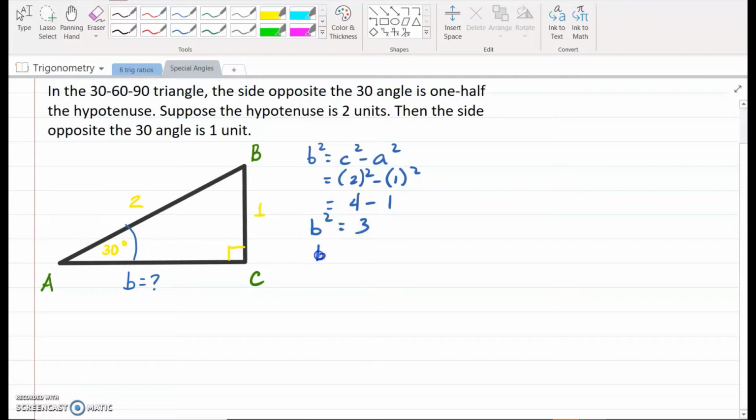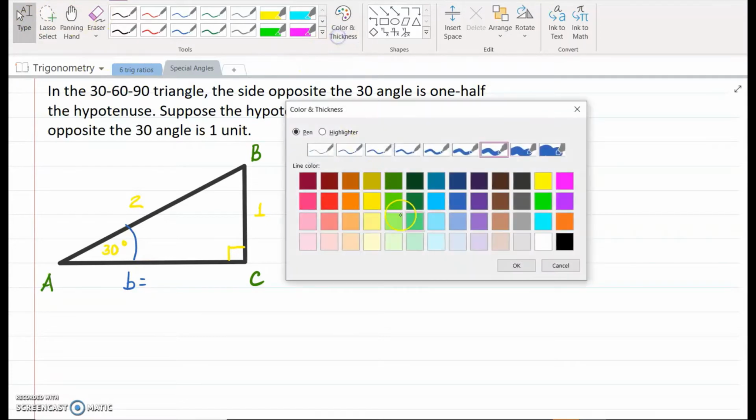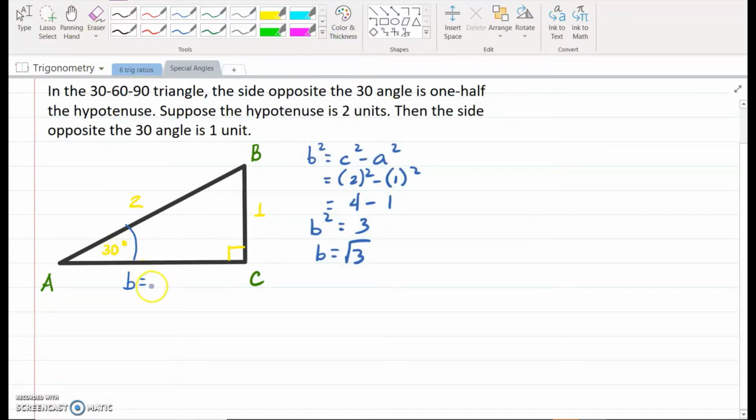Then extract, so b is equal to square root of 3. So our b is square root of 3. So the sides of our triangle for 30-60-90 is 1, 2, and square root of 3.